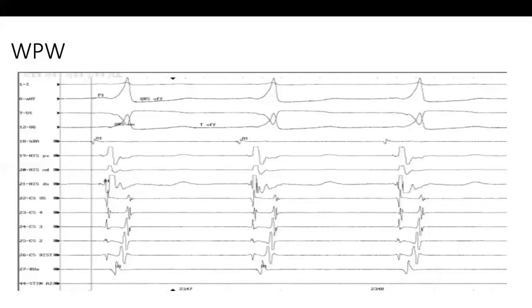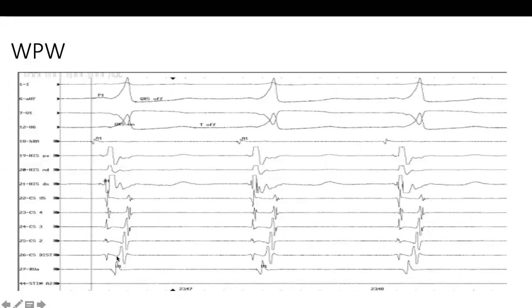On the previous slide, I can tell this is a lateral accessory pathway from the CS catheter, AV distal coming earlier than proximal. Yes, that's what we are saying: because this is earlier in the distal, it is a left-sided accessory pathway.